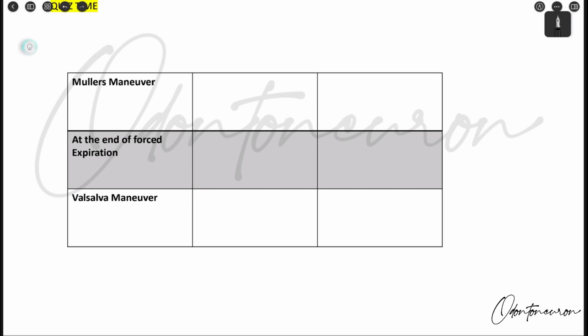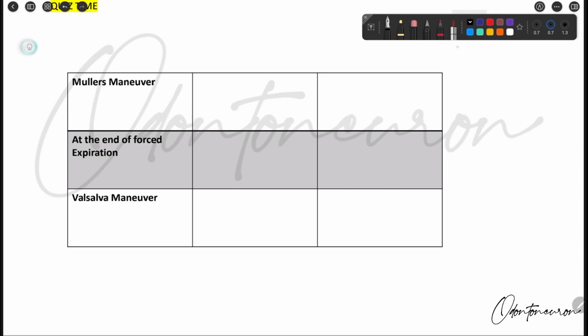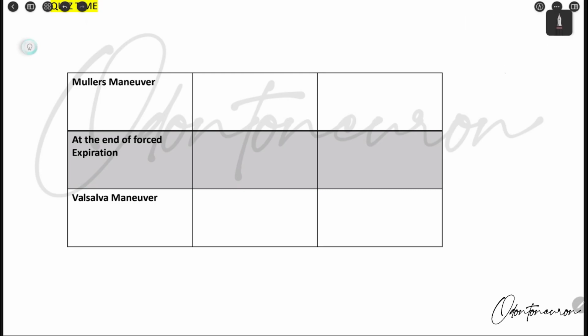And these are another quite simple values which I would like you guys to know. What is Muller's maneuver? Before knowing its value, let's see what Muller's maneuver is. Muller's maneuver is when you do forced inspiration with the glottis closed. There is a certain intrapleural pressure, known as Muller's.